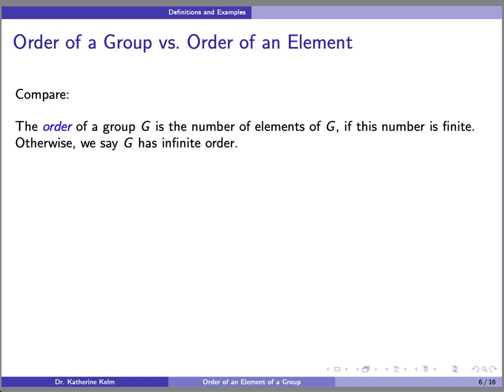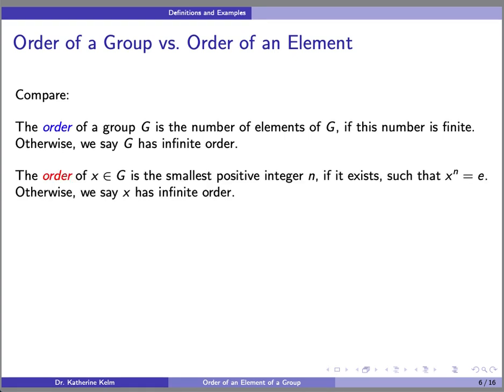Now you might observe that the word order in abstract algebra is used in two very different seeming ways. The order of a group G is the number of elements of G if this number is finite, and otherwise we say G has infinite order. Compare that with our new definition that the order of an element of the group G is the smallest positive integer n, if it exists, that we can raise that element to get e.